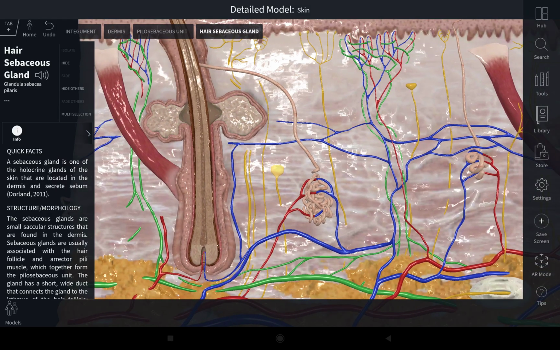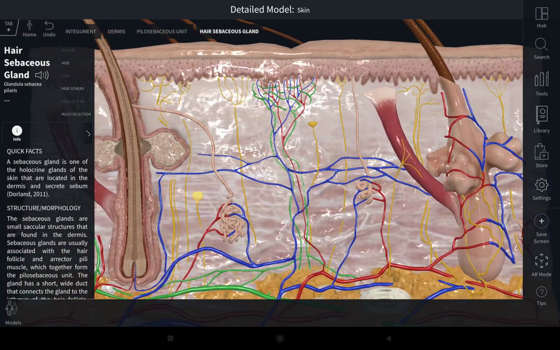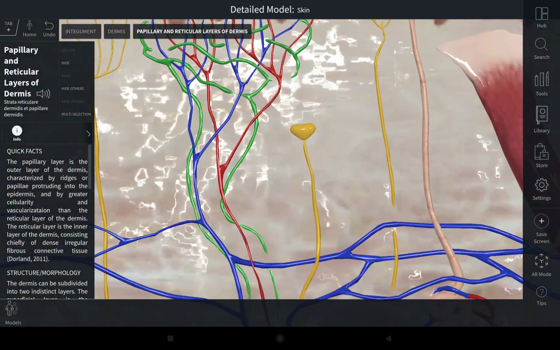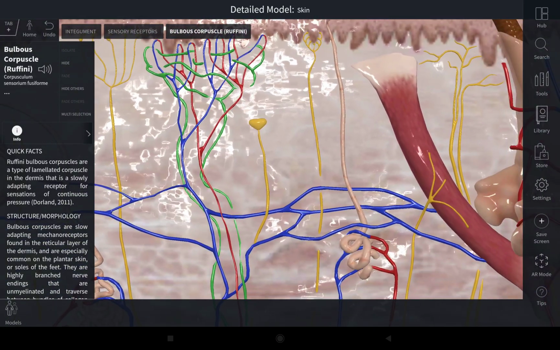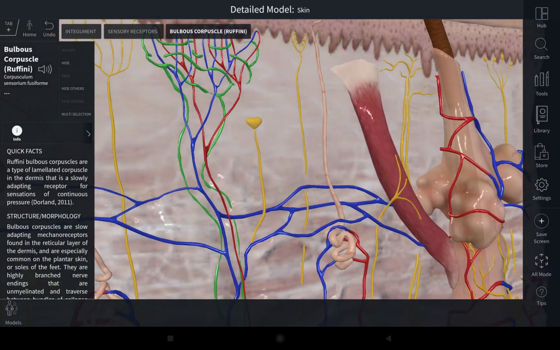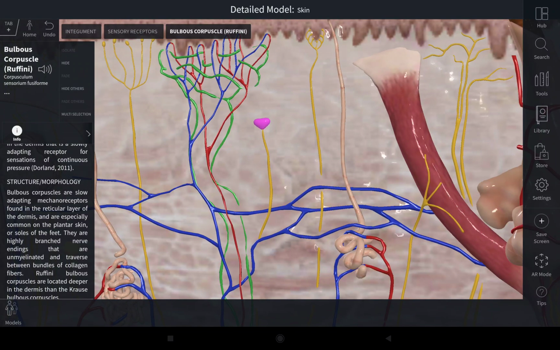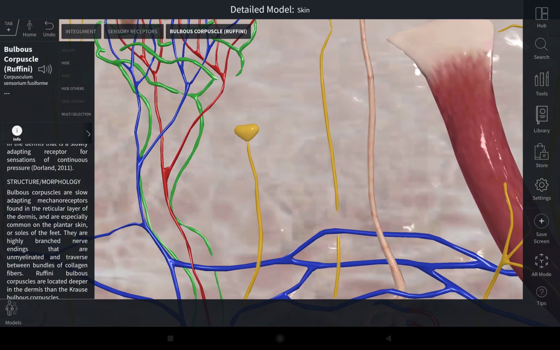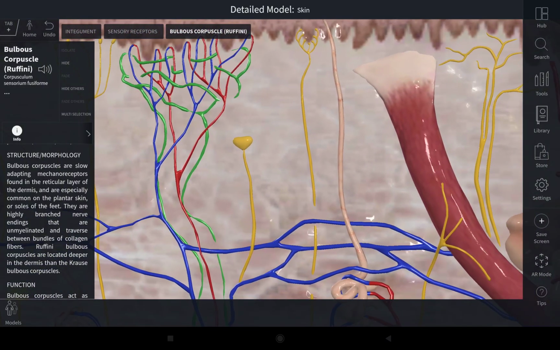Now, the next structure is the bulbous corpuscle of Ruffini. Ruffini bulbous corpuscles are a type of lamellated corpuscle in the dermis that is a slowly adapting receptor for sensations of continuous pressure. Bulbous corpuscles are slow adapting mechanoreceptors found in the reticular layer of the dermis and are especially common on the plantar skin or soles of the feet.